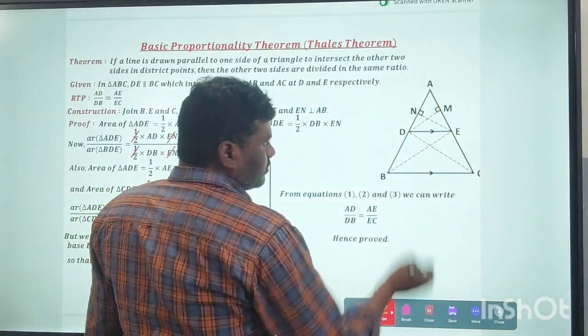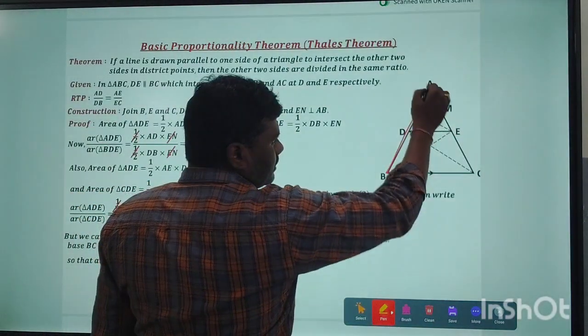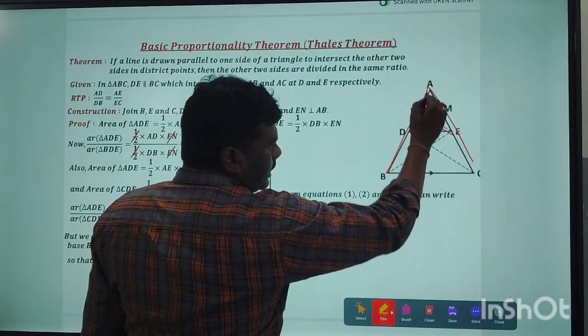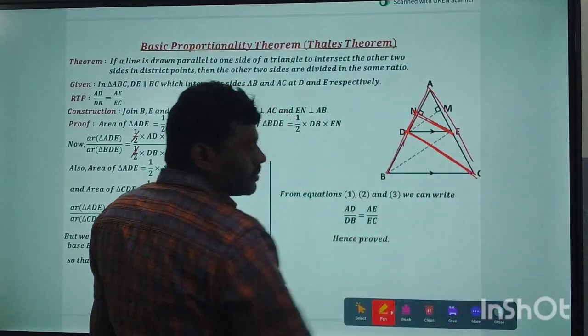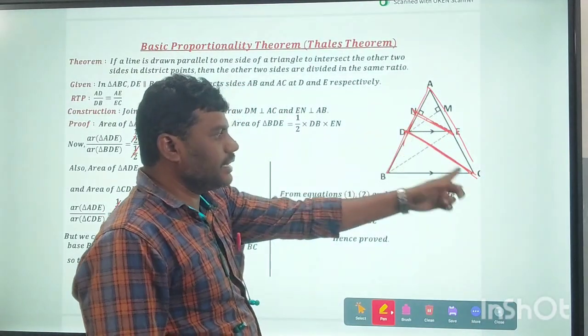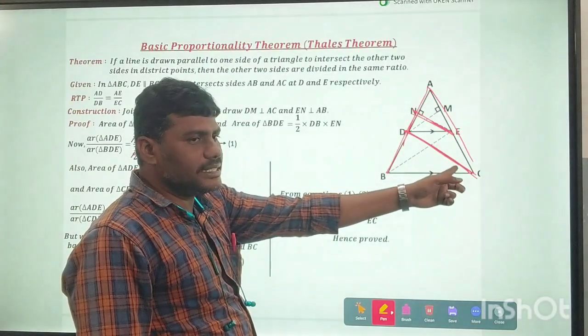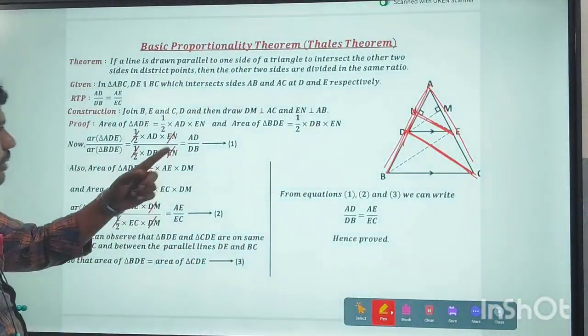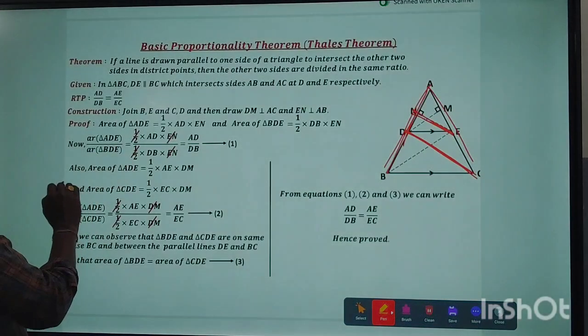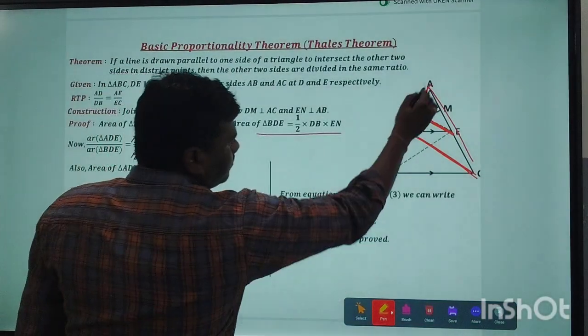Next one, this triangle only, this base only, just this is height. So next one, take this value parallel to EN only. So this is height here, this is base. So now area of triangle BDE here.